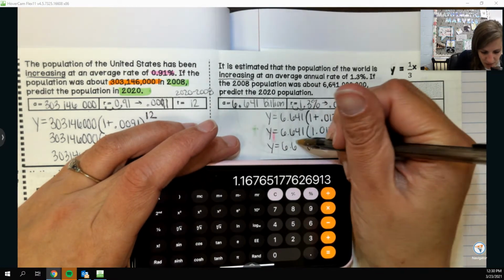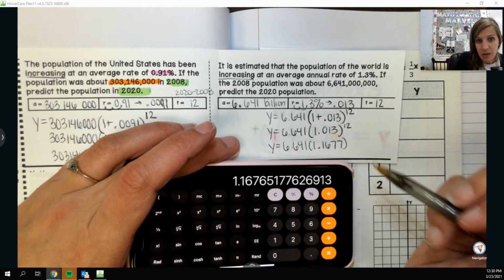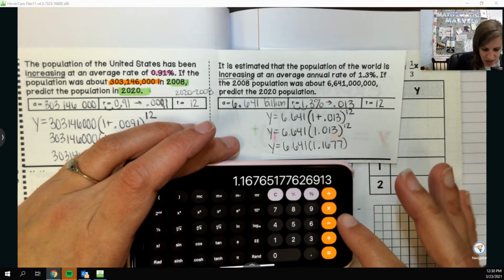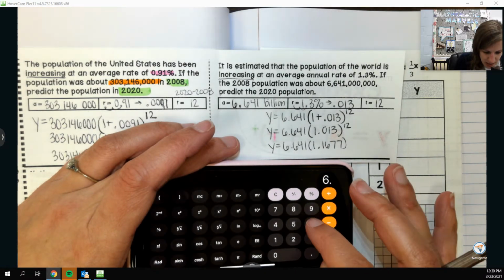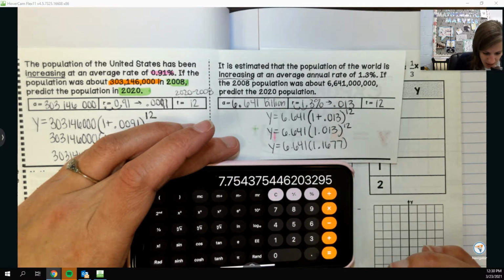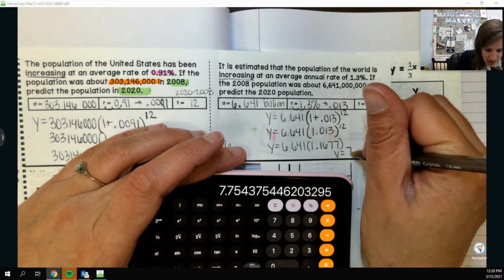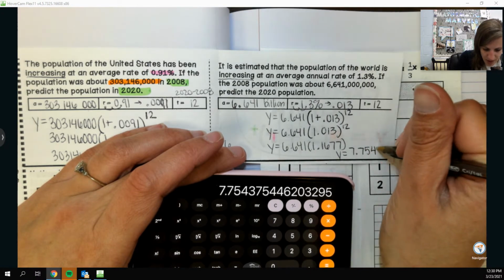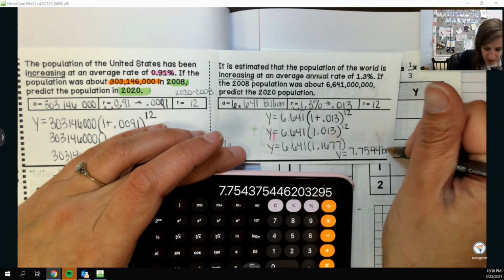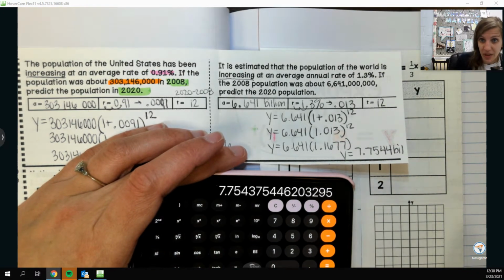But again, I'm not really going to round because now I just need to take the number that I got and multiply it by that 6.6 billion number. So I'm going to hit times 6.641. Oh my word. So y equals 7.7544 billion people. We gained a whole other billion.